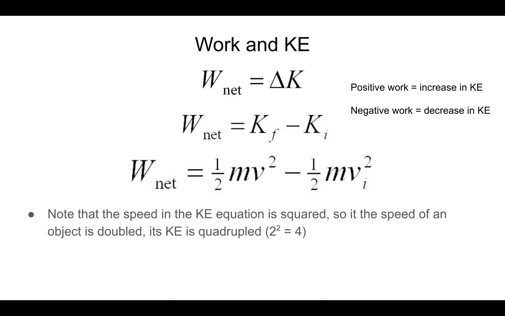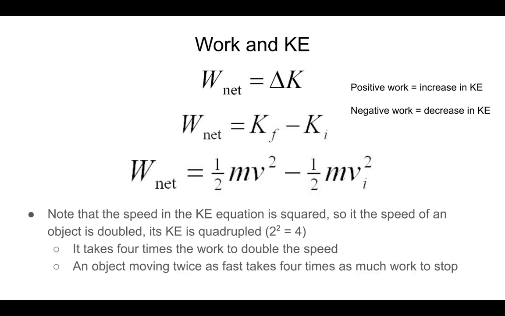So it has a squared relationship. It takes 4 times as much work to double the speed. And an object moving twice as fast takes 4 times as much work to stop, because again, the speed is squared here. So if we double this, we're quadrupling the amount of work it takes to double the speed.